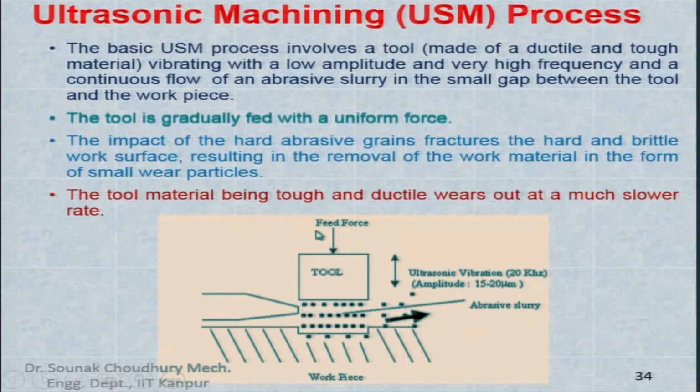The tool material, being tough and ductile, wears out at a much slower rate than the workpiece. Because these abrasive particles also impinge the tool, but only after they rebound from the workpiece.